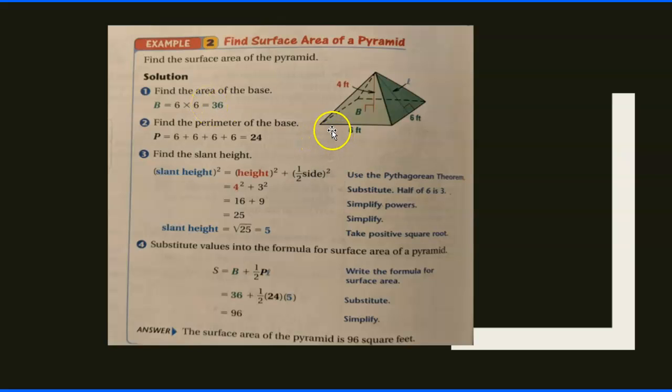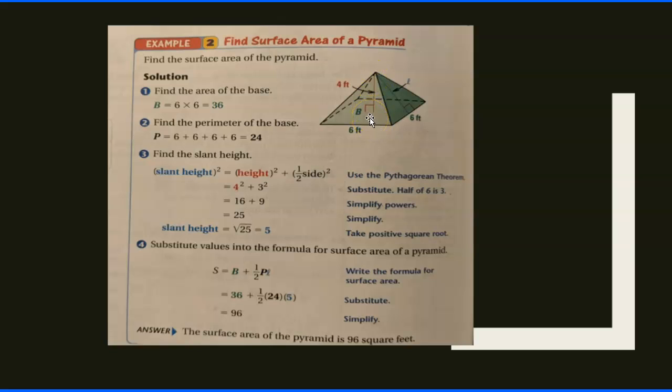Now we want to do the perimeter, and we know that it's 6 plus 6 plus 6 plus 6. And that's coming to 24. Now we have to find the slant height, and we know that formula: slant height squared equals height squared plus 1/2 the side squared. So we come here and find out that our height is 4 feet, the one that goes straight up and down.